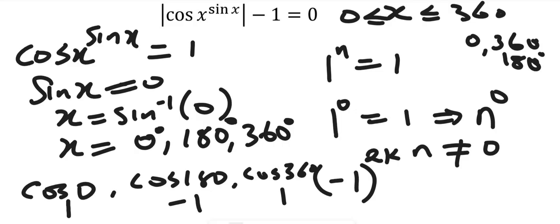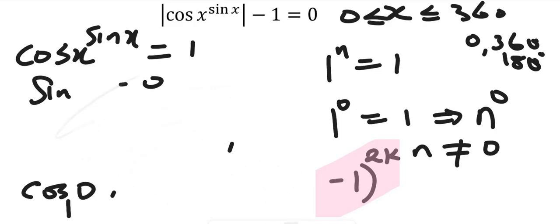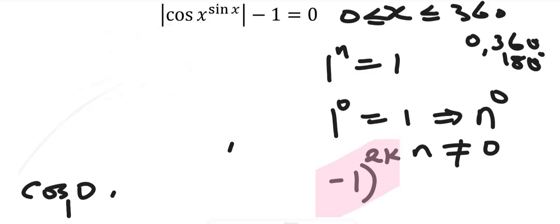So let's look at the last condition, which is minus 1 to the power of 2k, where the power will be even numbers. That's the only condition that will make that to be 1. So I need to clean everything I've done and look at the last one.